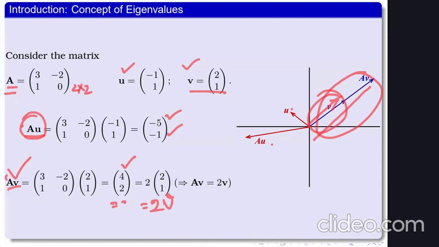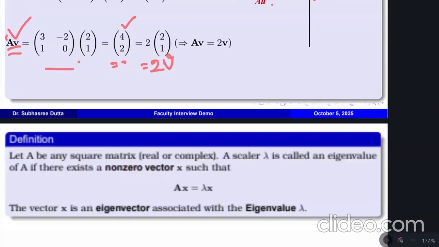In our case, we are only interested in vectors v where multiplication with the matrix A gives output in the same direction. We are not interested in different directions. We're only interested in those vectors where Av and v are in the same direction, or parallel.